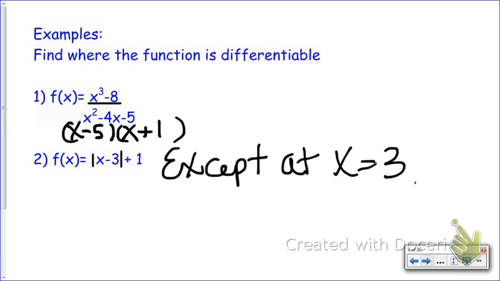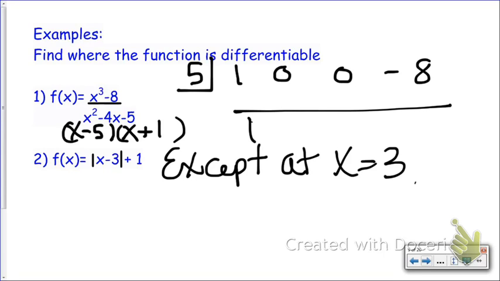I'm going to use synthetic division to figure that out. So x minus the root would be 5. We use our coefficients, 1, 0 for the x squared, 0 for the x, negative 8. Bring down the first number, multiply and add, multiply and add. We can see before we finish it, we're not going to get an answer of 0.